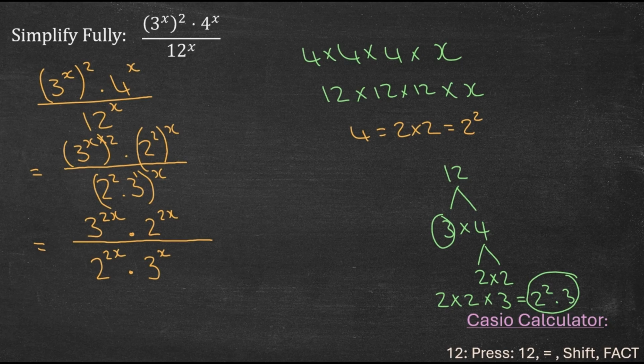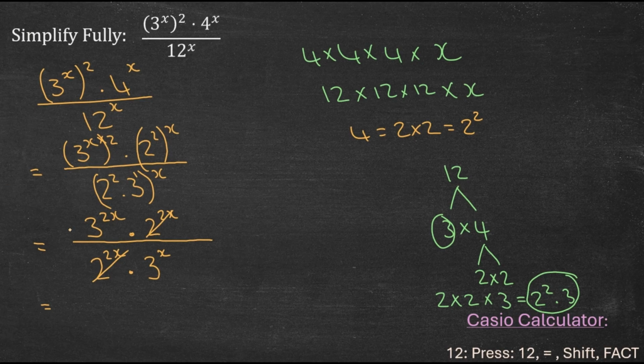So what we need to do now is to see if we can cancel anything or even apply any other exponent laws to simplify this fraction even further. So when I have a look at this, I can see I've got a 2 to the power of 2x at the top and a 2 to the power of 2x at the bottom, which means I can cancel them because they are on different sides of the fraction line.